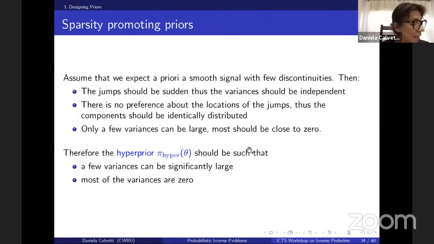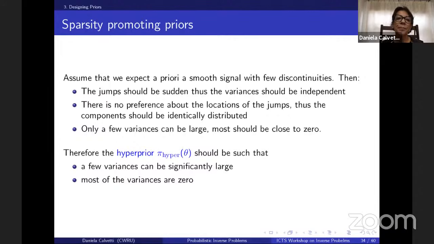So I want to spend a little time dwelling a little bit more on this idea of introducing hyperpriors.